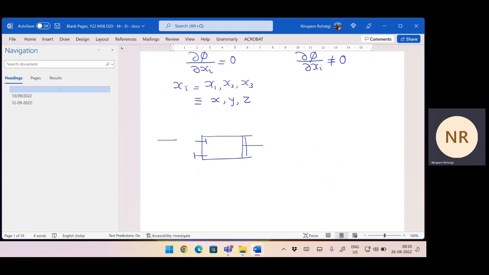What happens is air and fuel go in and exhaust gases come out. Only then can this engine run continuously for a reasonable duration. Okay. So this becomes an open system.